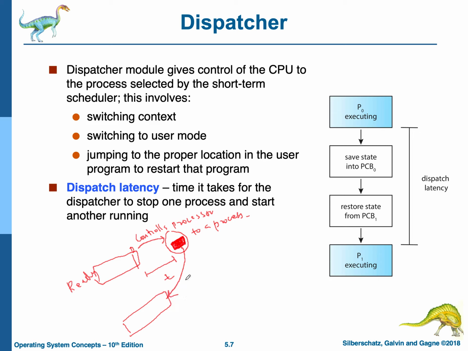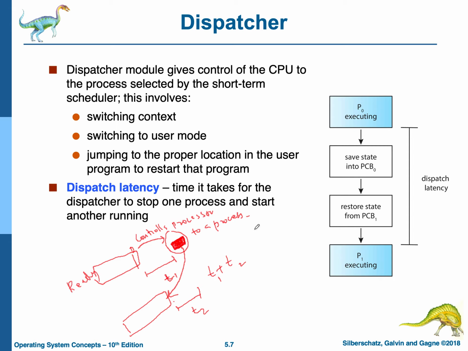The time taken for this, and for a new job to be assigned to that processor at another time, will be T1 and T2. So this time T1 and T2 is the dispatch latency, where the switch between the processes occurs.